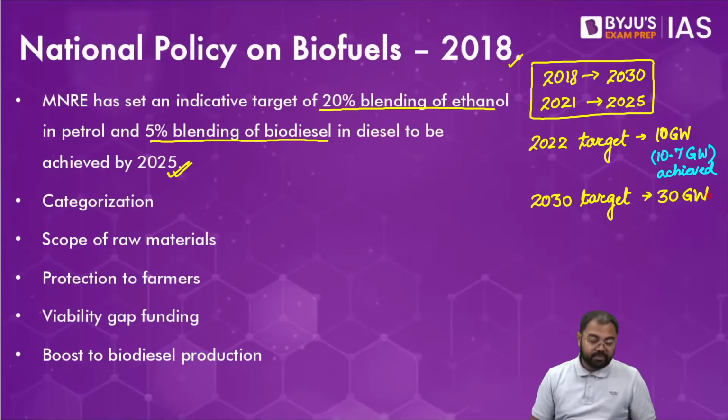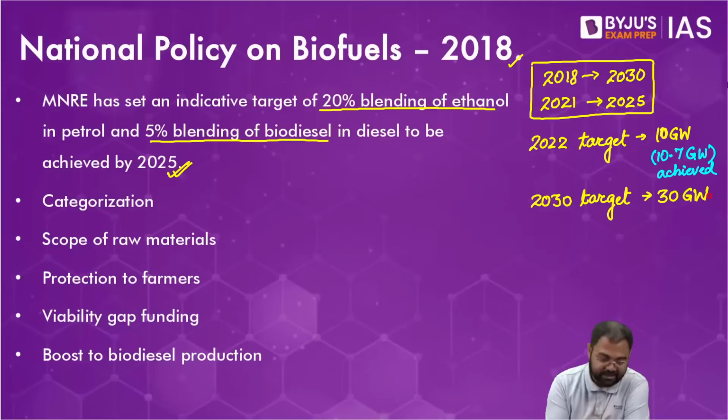So now, when it comes to the 2018 biofuel policy, there are certain aspects of this policy that become very crucial. First, for example, is the categorization that has been done for the first time. This categorization is basically into first, second, and third generation.